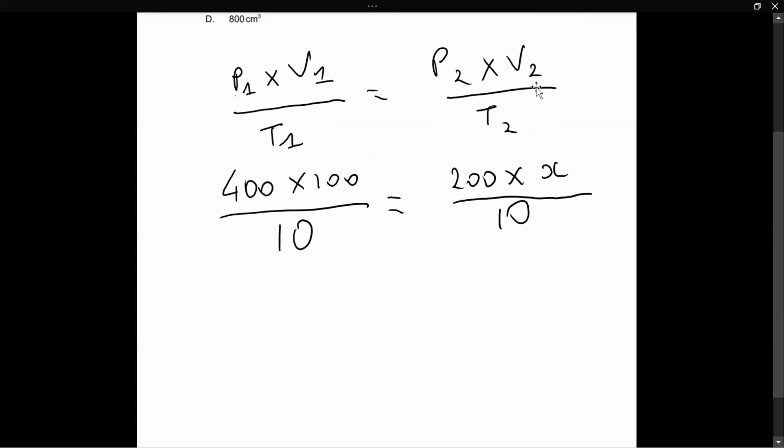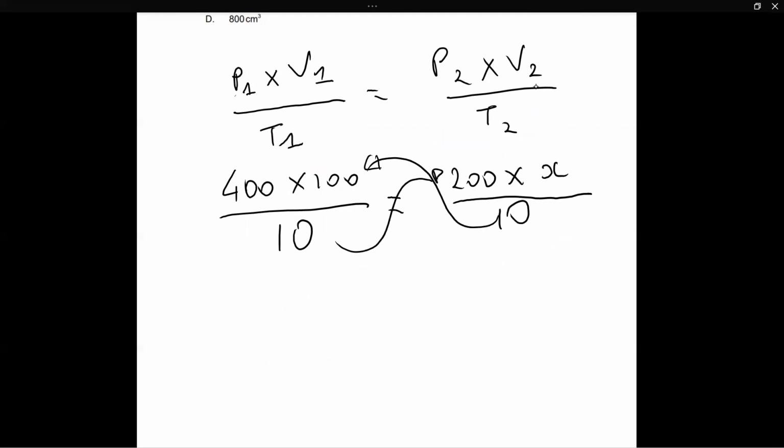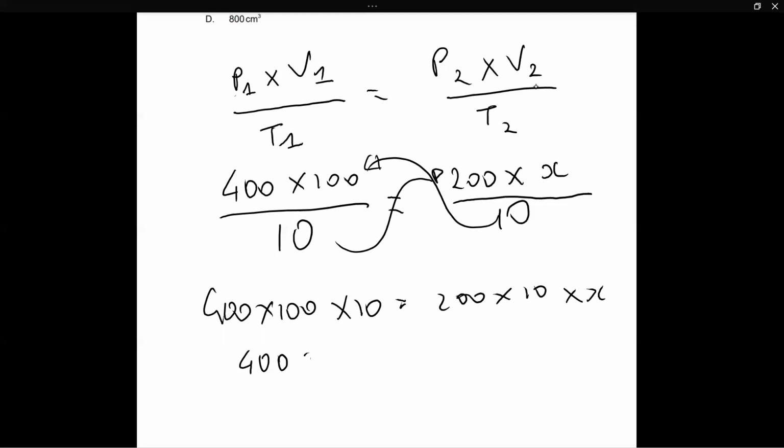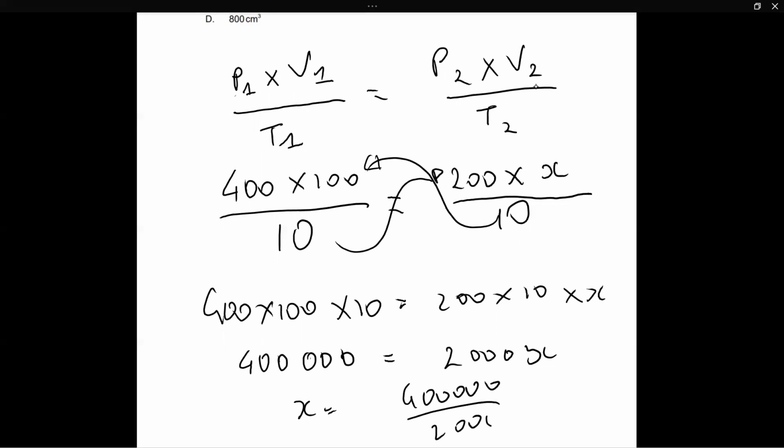Now, what do we have to do? Well, let's solve it. Remember just basic math. Bring this to this side, so multiply by this, multiply by this. So it becomes 400 times 100 times 10 is equal to 200 times 10 times X. So this is nothing but 400,000 is equal to 2000 X. And just solve for X. X is equal to 400,000 divided by 2000.